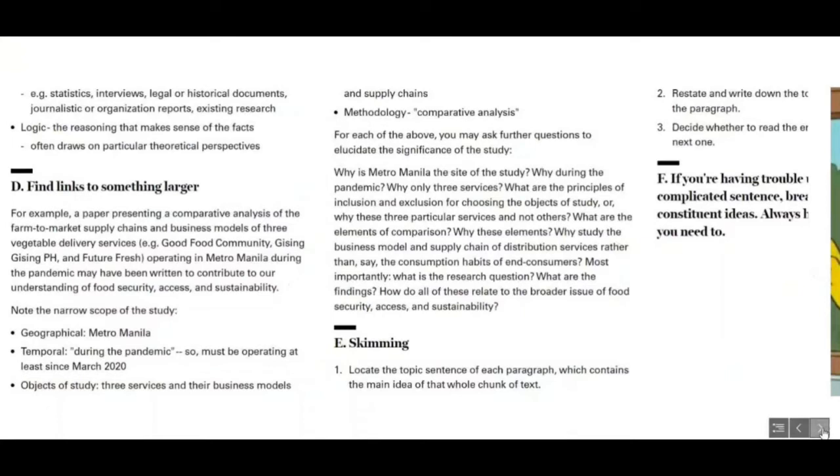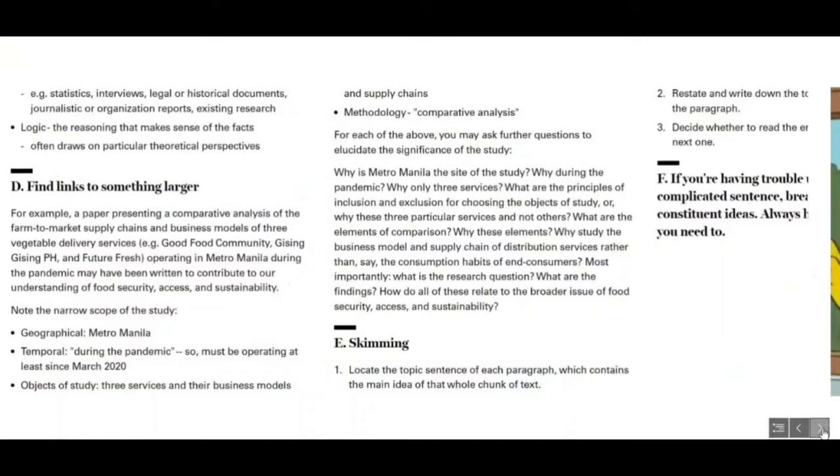If it's not publicly available, maybe you can schedule an interview with the founders of these services in order to ask them about their business models and supply chains. And some of these services publicize their supply chains kasi they pride themselves on being social entrepreneurs, meaning that they are enabling small farmers to have direct access to markets, mga ganon. But the important thing is that you identify nga the objects of your study.